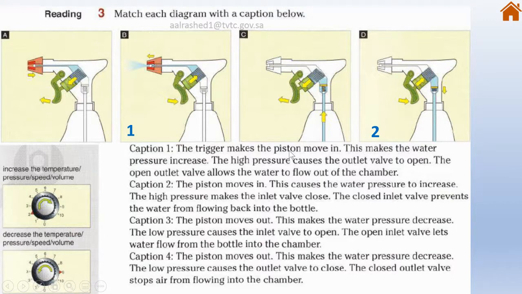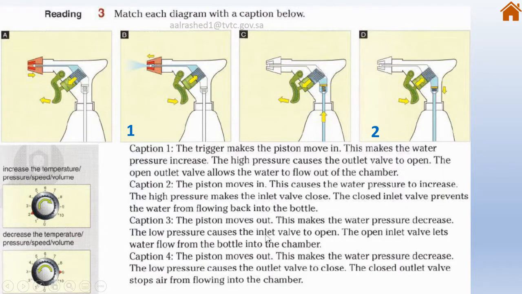Let's see number 3. Caption 3. The piston moves out. This makes the water pressure decrease. Decrease is the opposite of increase, from 10 down to 1. I'm decreasing. Look at this picture. This is a decrease.